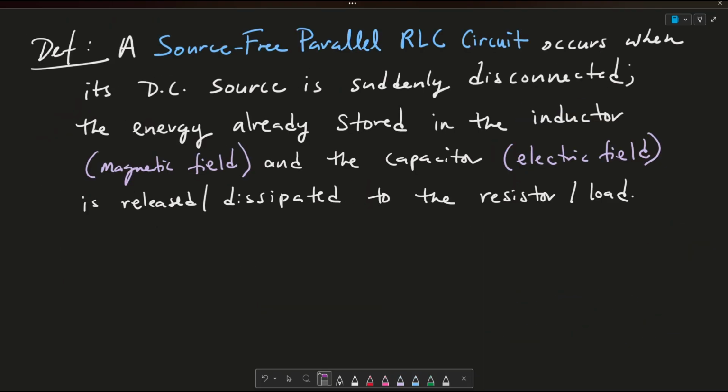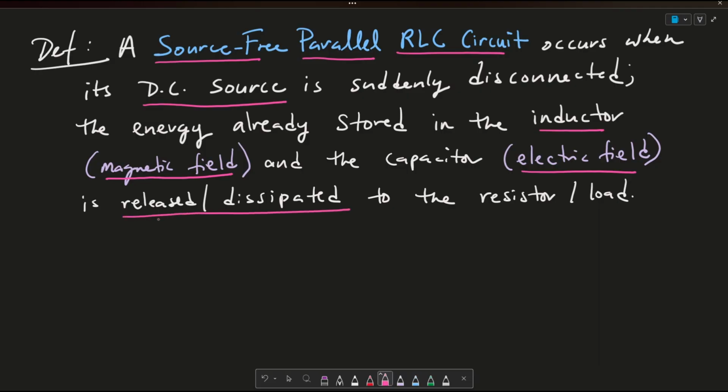So now in terms of the definition, we say that a source-free parallel RLC circuit occurs when its DC source is suddenly disconnected and the energy stored in the inductor via a magnetic field and the capacitor via an electric field is released or dissipated to the resistor or the load. And this energy being released or dissipated is in the form of heat.